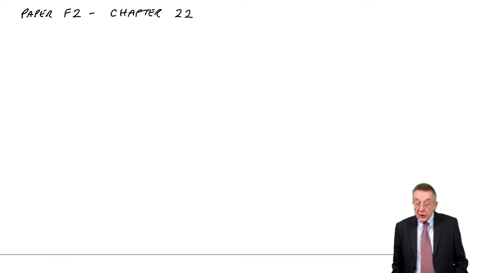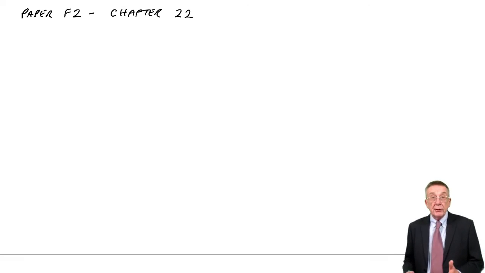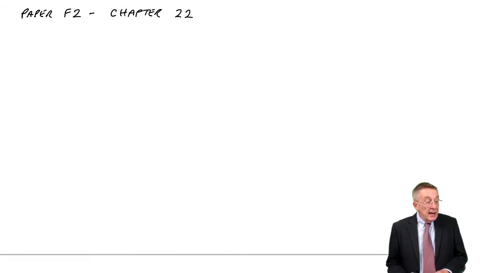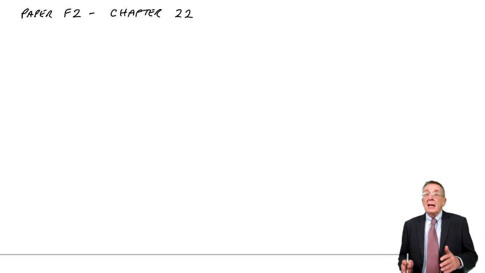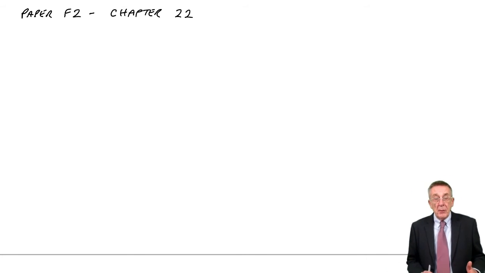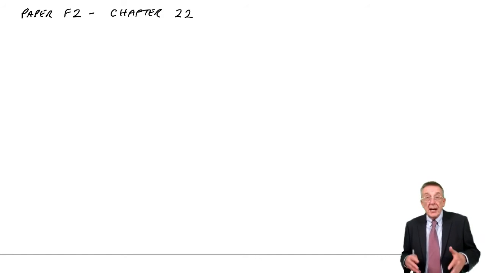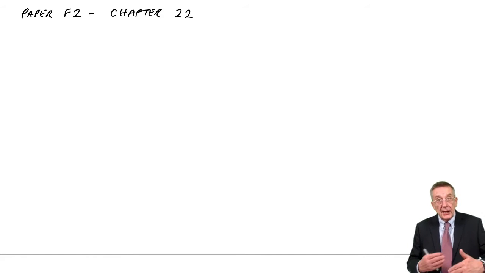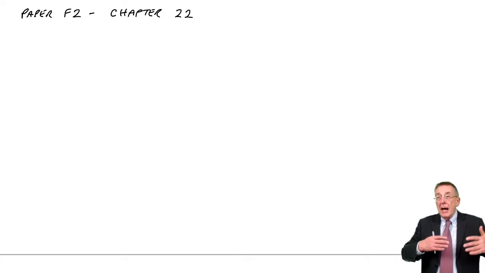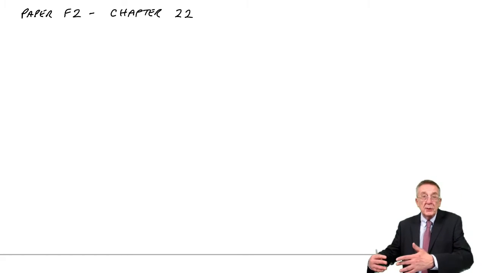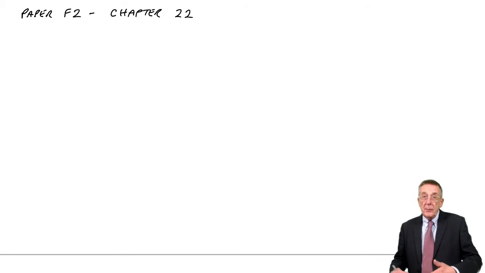Okay, this is the second of two lectures going through chapter 22 of the free lecture notes of paper F2. The chapter's on interest, and in the previous lecture I explained what we meant by compound interest and how we deal with it and how we can calculate how much a deposit will have grown to at the end of a period.